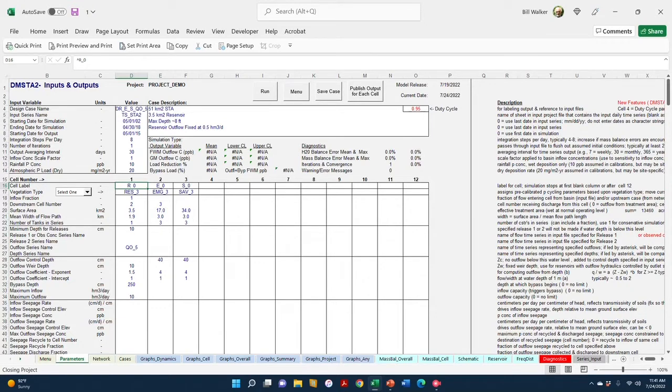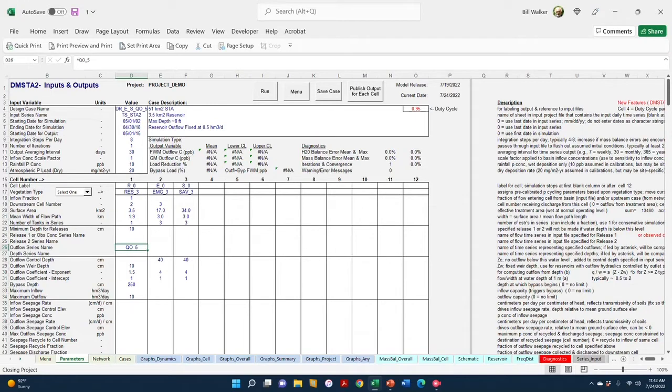Now, typically, if you put a reservoir upstream in an STA, you find in the simulations that the benefits of the reservoir in terms of performance downstream are best when you just specify a constant outflow for the reservoir.